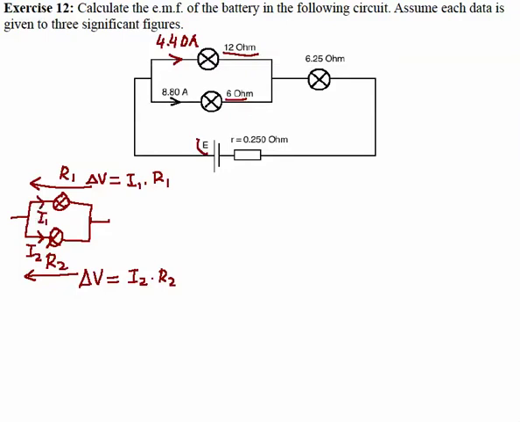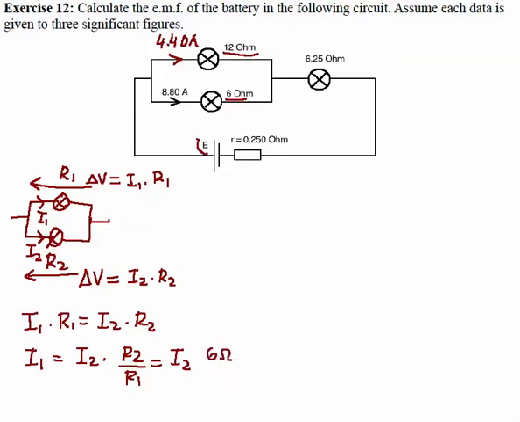If those two voltages are the same, then I1 times R1 is equal to I2 times R2. Therefore, I1 is equal to I2 times R2 over R1, which is I2 times 6 ohms divided by 12 ohms, which is equal to I2 divided by 2, which is 4.40 amps.